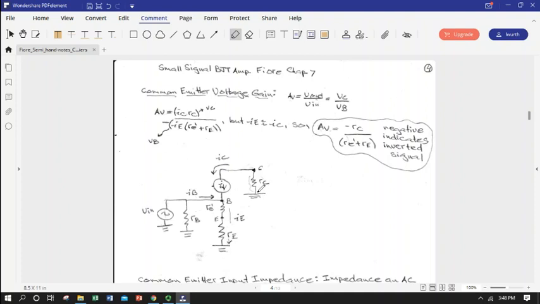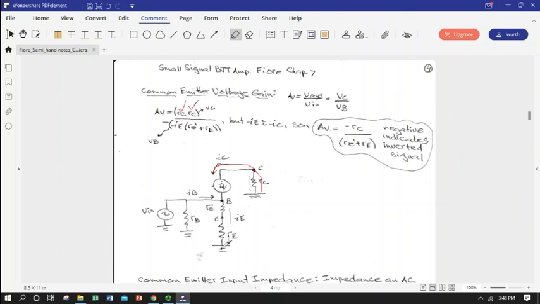So let's start by defining our V sub C in terms of collector current and our little rc. So if we start at ground, here's our collector, and the current flowing through this path is the collector current. So V sub C is equal to collector current times the collector resistor.